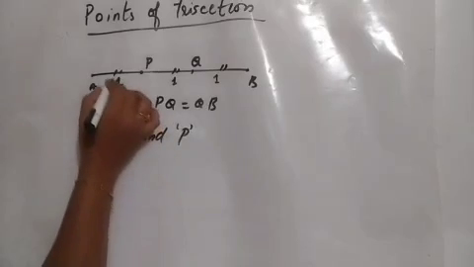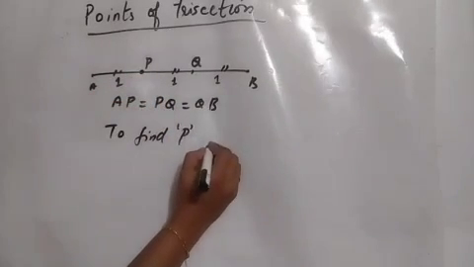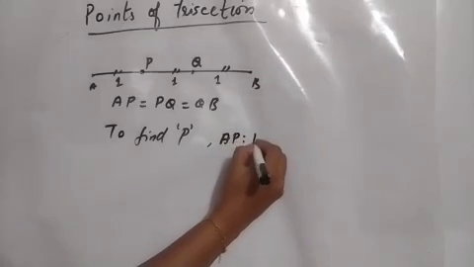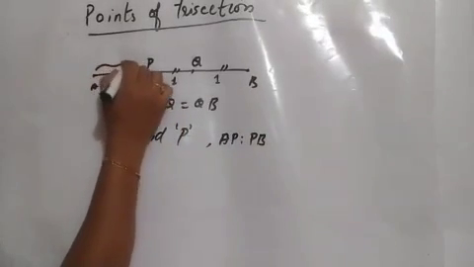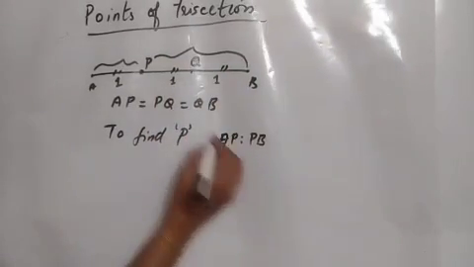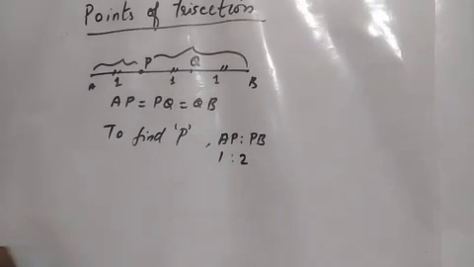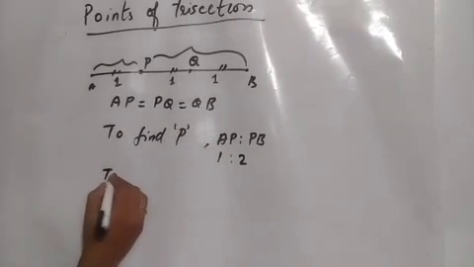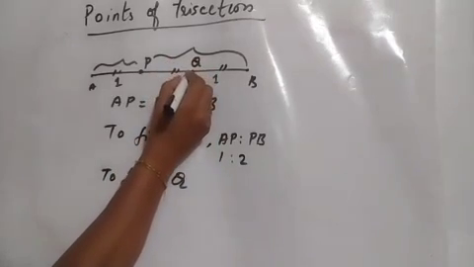To find P, we have to take the ratio AP is to PB, that is 1:2. There are two parts from P to B, no? 1:2.